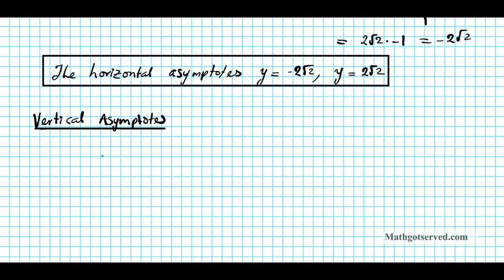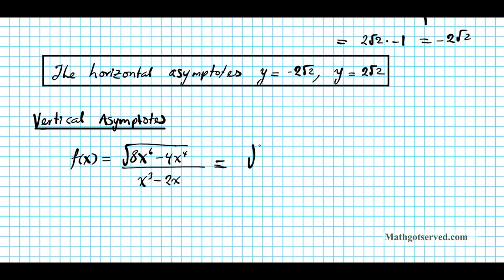Okay, so the original problem we have the function f of x equals the square root of 8x to the 6th minus 4x to the 4th, divided by x to the third minus 2x. Okay, let's make sure that there are no removable discontinuities first.